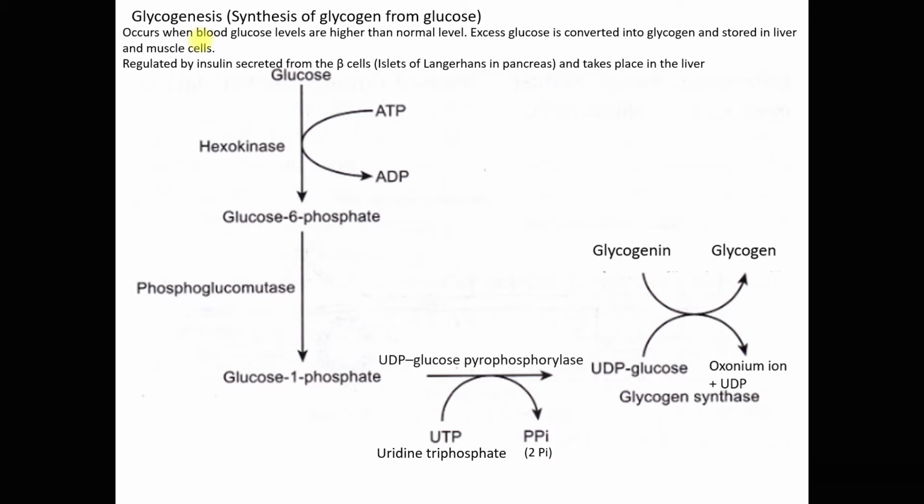Glycogenesis is regulated by insulin. If you recall, insulin is secreted from the beta cells in the islets of Langerhans in the pancreas. And this glycogenesis process takes place in the liver, in the hepatocytes.